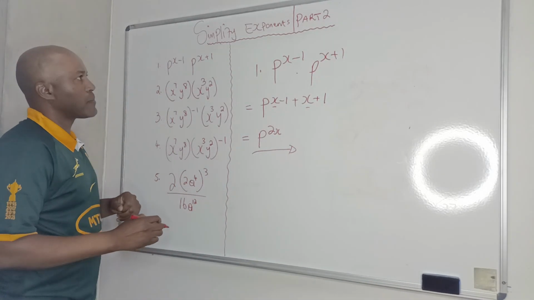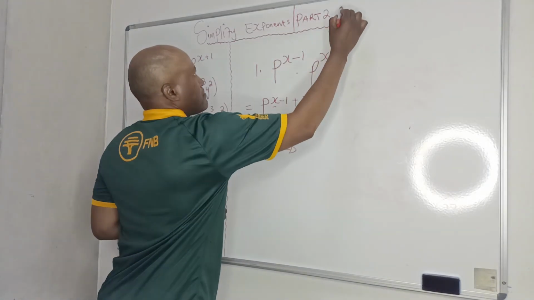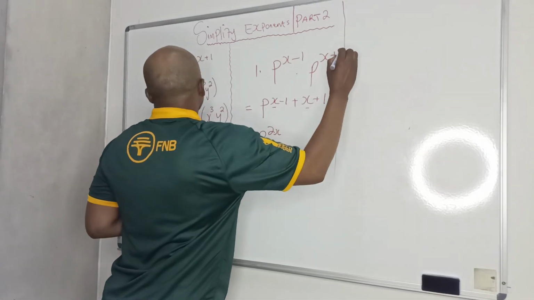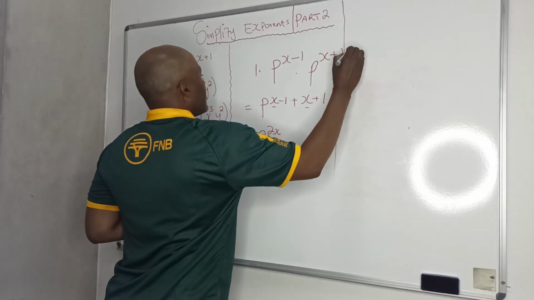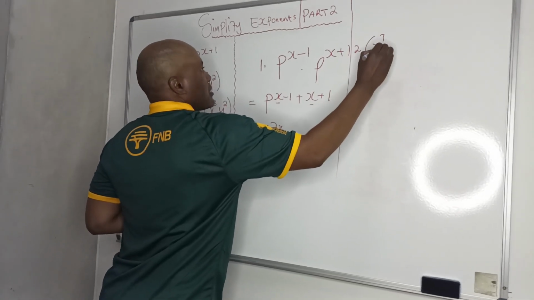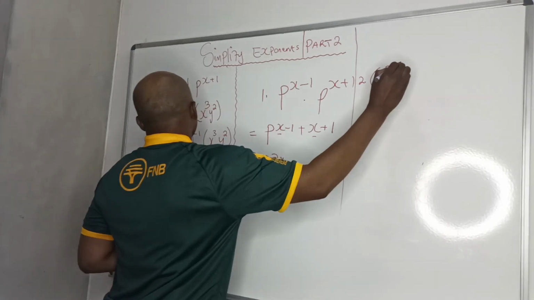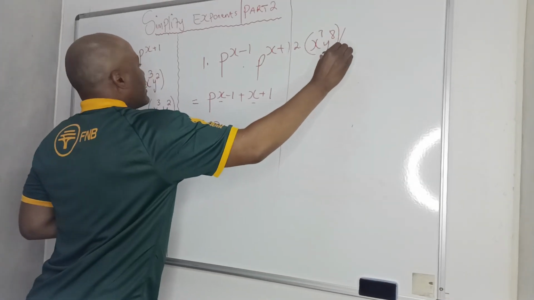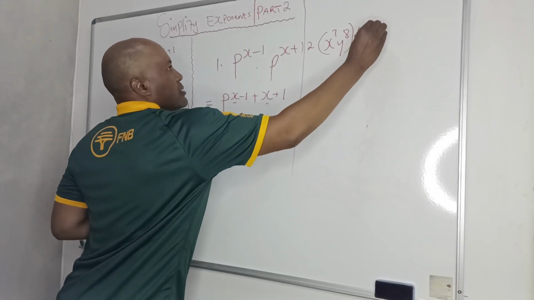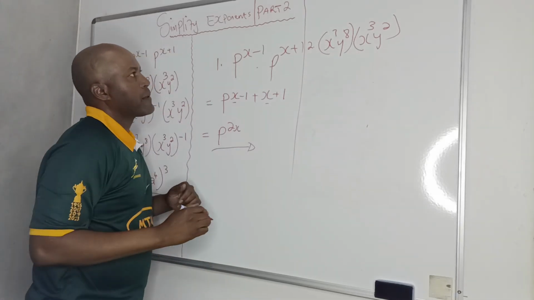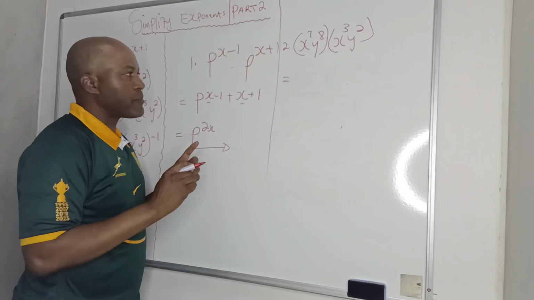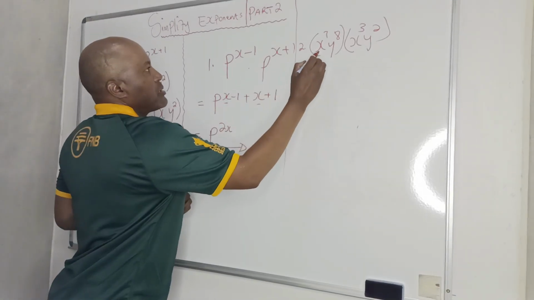Right, number 2. It says x raised to 7, y raised to 8 by x raised to 3, y squared. Even here, we're going to apply rule number 1. Can you see?